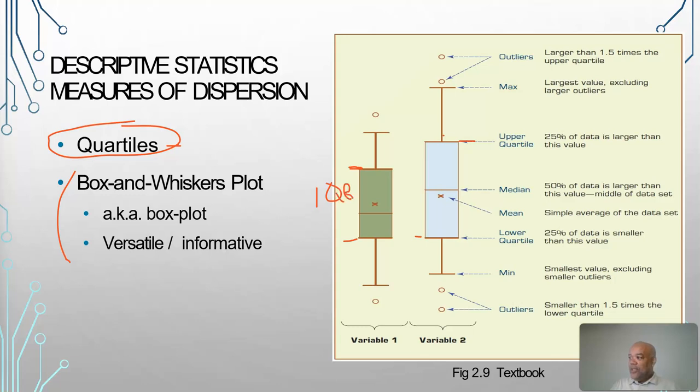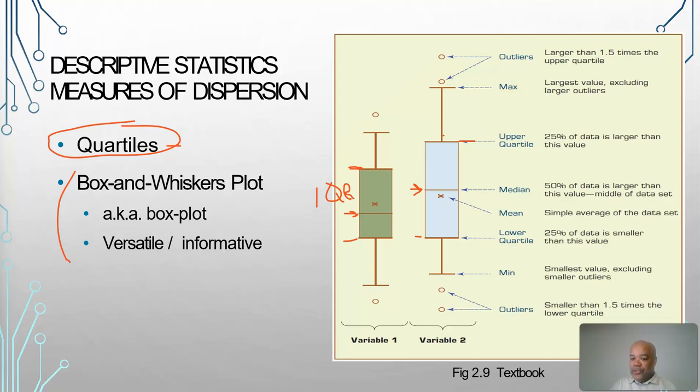All of that in the middle between Q1 and Q3 is the interquartile range. The line inside the box represents the median. Half of the data has values above that, and half of the data has values below that in the data set. That line right there represents the median.